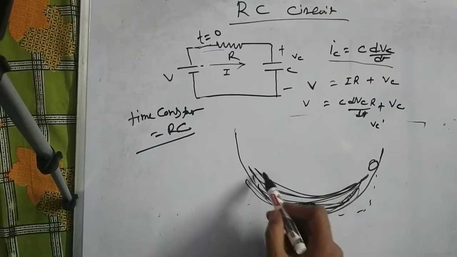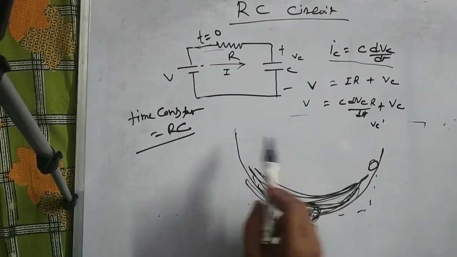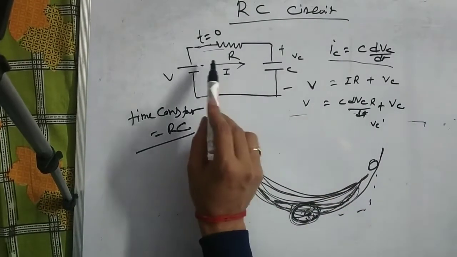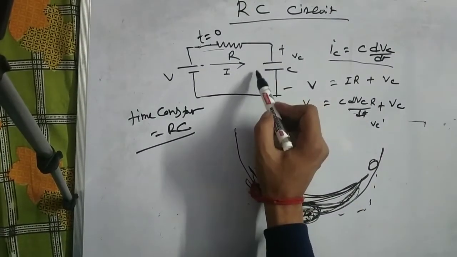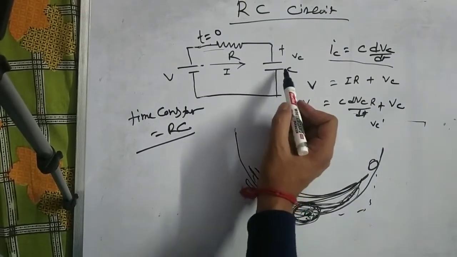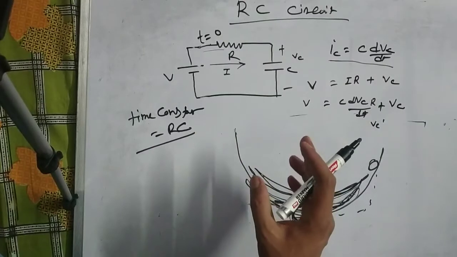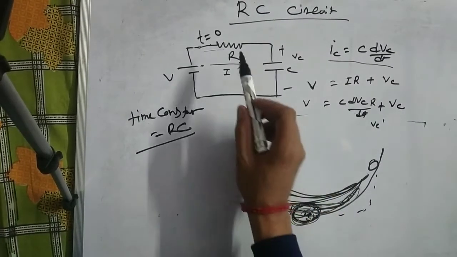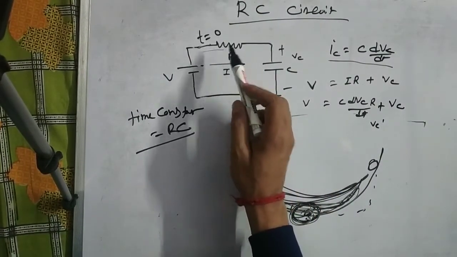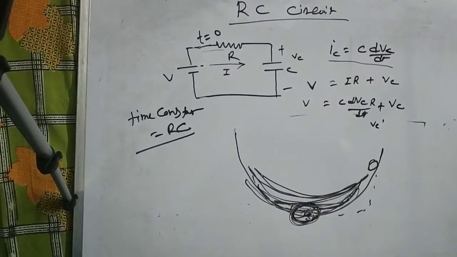This oscillation period in a mechanical system you can call transient. It is the same in an electrical circuit. Here an energy storing element is there: the capacitor can store energy, and the resistance is the energy dissipating element.